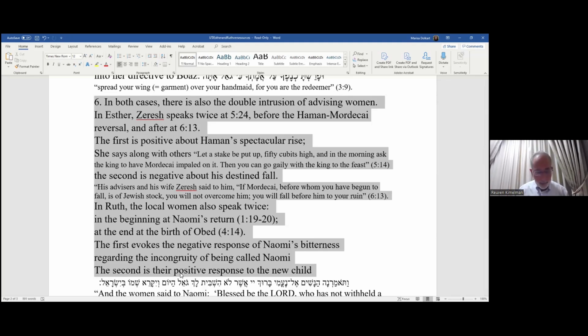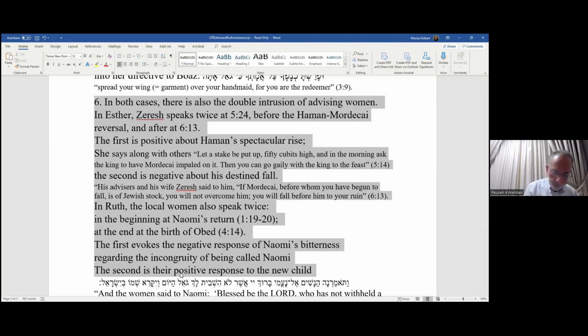But then she speaks up again afterwards, and the second is negative about Haman's destined fall. His advisors and his wife Zeresh say to him, if Mordecai, before whom you have begun to fall, is of Jewish stock, you will not overcome him. You will fall before him to your ruin. So the first is positive, and the second is negative.